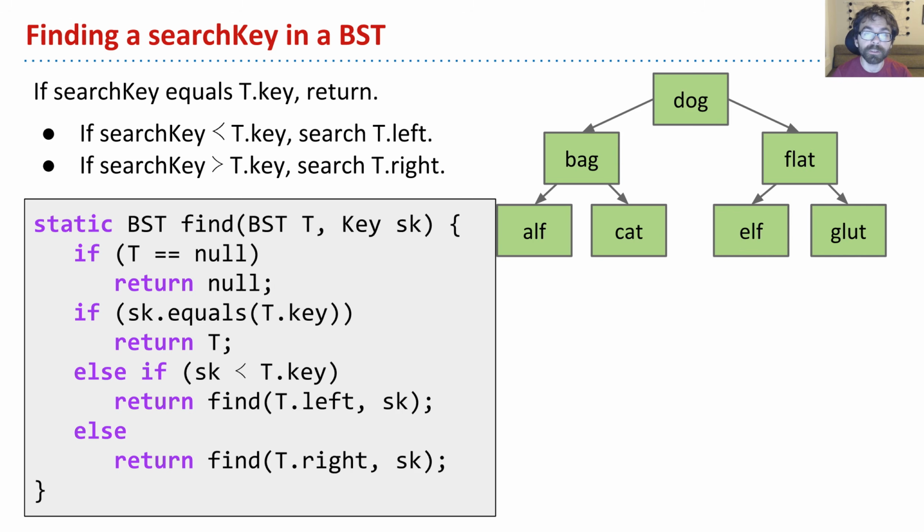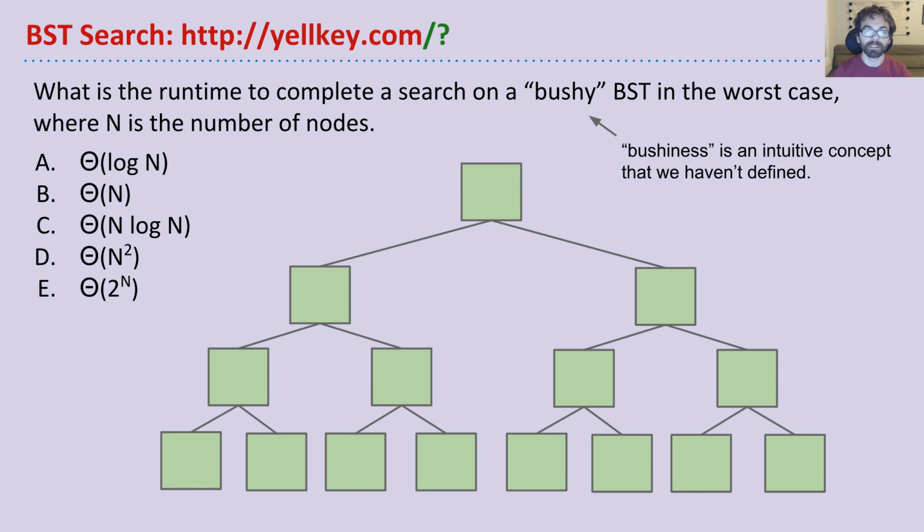All right, so now that we understand what the search operation looks like, how it works, let's discuss performance. So what I'd like you to do is think about what I will call a bushy binary search tree. Now, bushiness is just an intuitive concept that we haven't defined yet. And your job is to tell me if I have n nodes. So for example, here n is 15. 1, 2, 3, 4, 5, 6, 7, 8, 9, 10, 11, 12, 13, 14, 15.